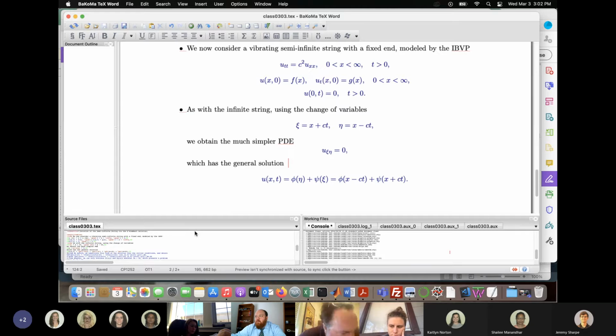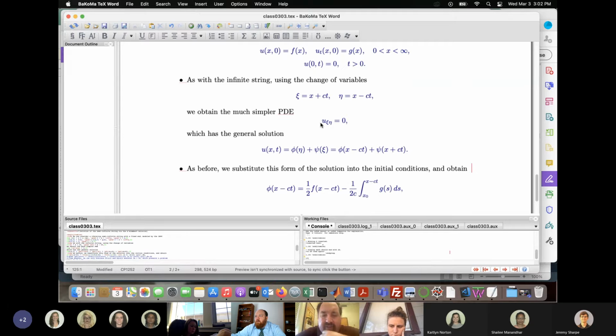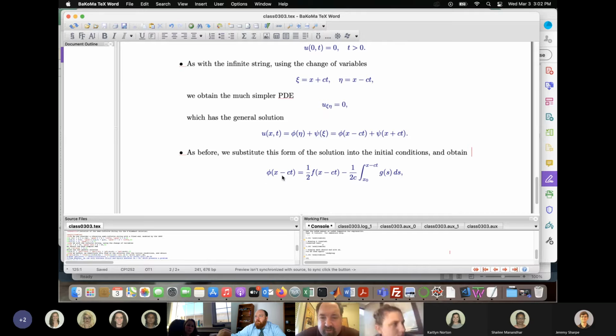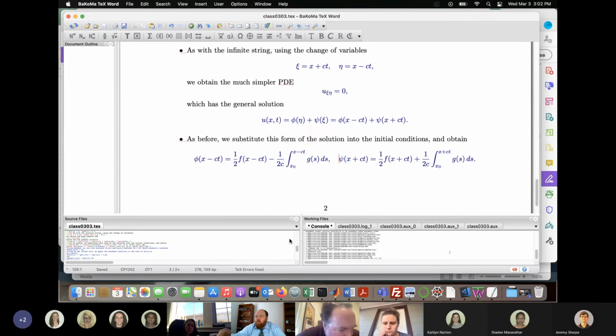So what we could do, and this is just repeating what I did last time, is apply the initial conditions to this, and solve the resulting system of equations. So we have this for phi, and also psi.